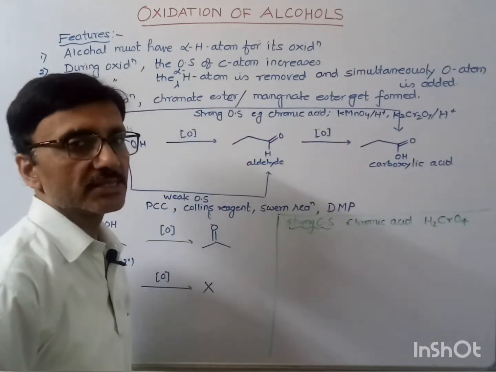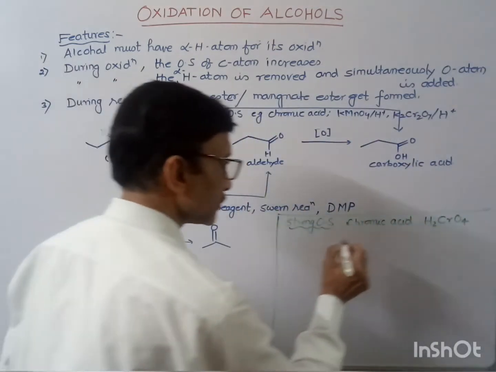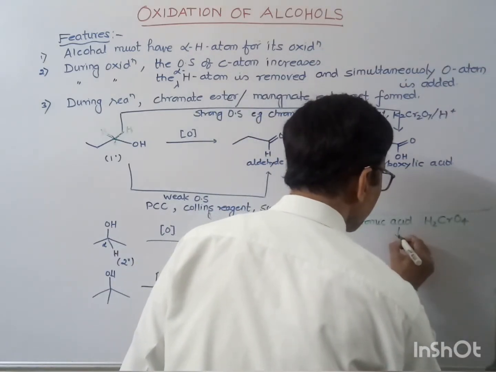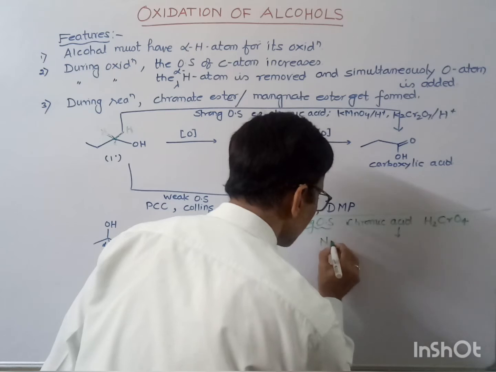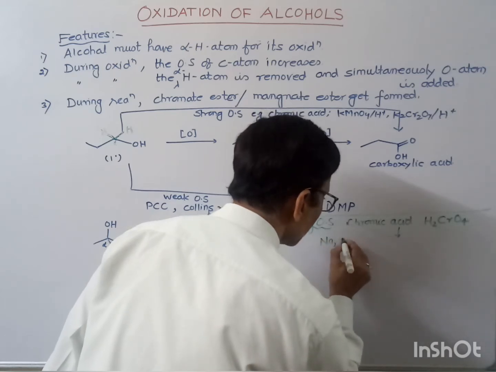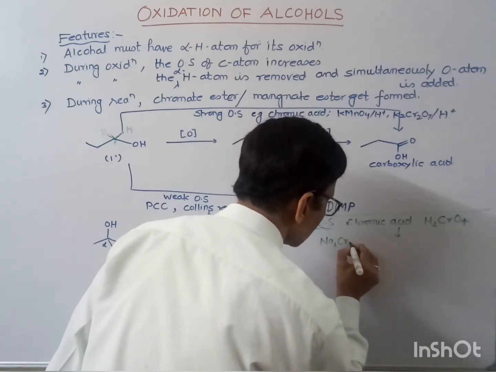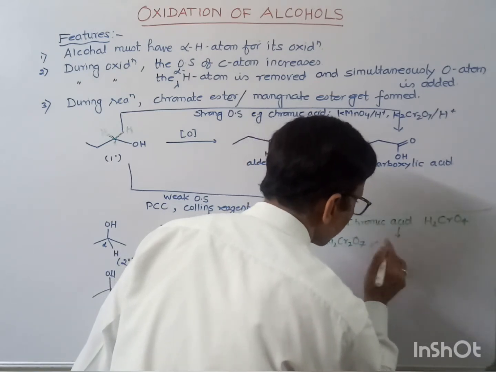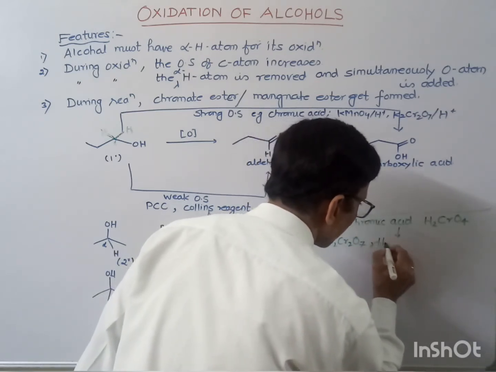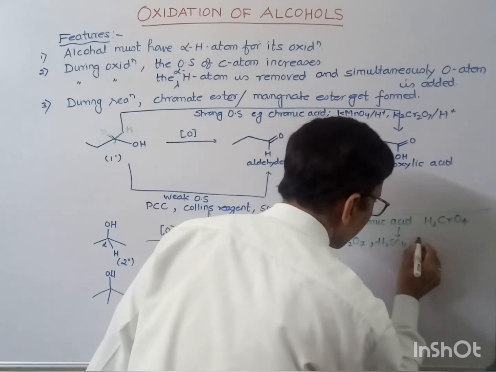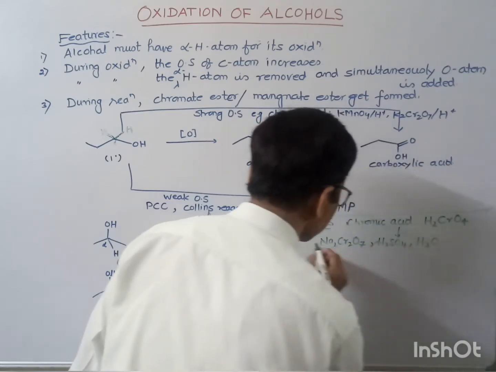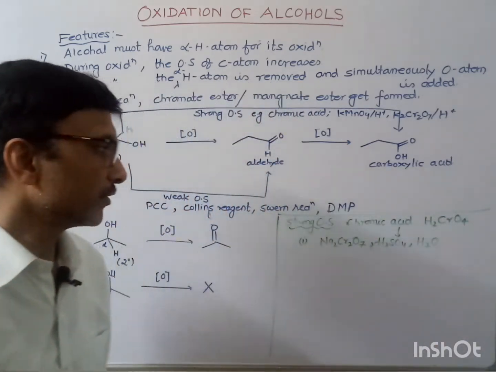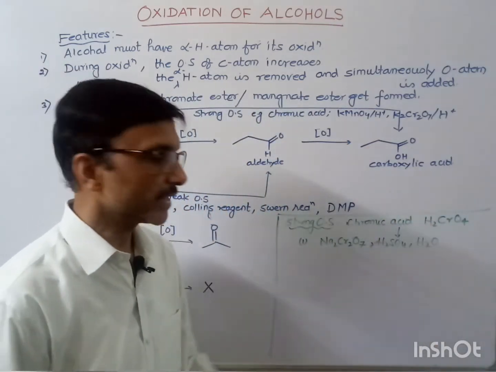In place of chromic acid, we usually use potassium or sodium dichromate in the presence of H2SO4 and H2O. This finally gives the chromic acid. On this reaction, we get the chromic acid.